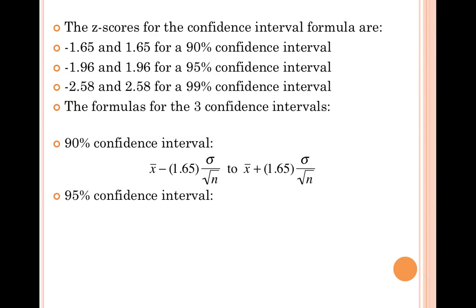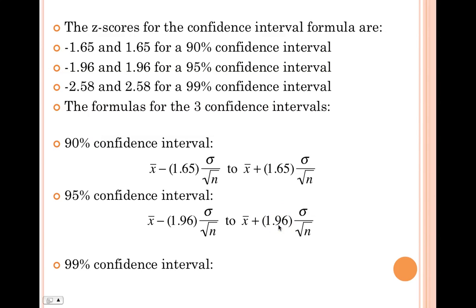And with a 95% confidence interval, you simply change the z-score from negative 1.65 to negative 1.96, positive 1.65 to positive 1.96. And for a 99% confidence interval, we just change the z-scores to negative 2.58 and positive 2.58. So these formulas generally are the same thing except for changing z-scores. So that's how you change between a 90%, 95%, and a 99% confidence interval.